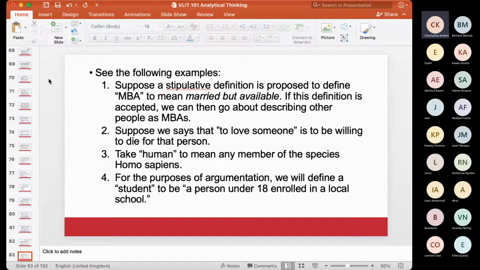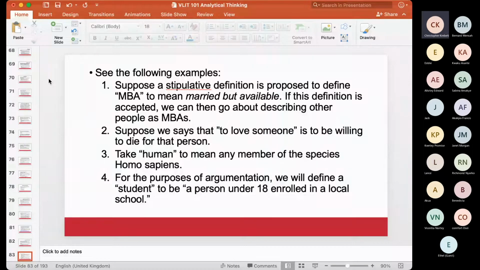So for the purpose of argumentation, we will define a student to be a person under 18, all right, enrolled in a local school. Then it becomes a stipulation. But you see, for the purpose of what? Argumentation. Maybe there's an argumentation context, and we want to use the word student for the particular thing we are arguing for.